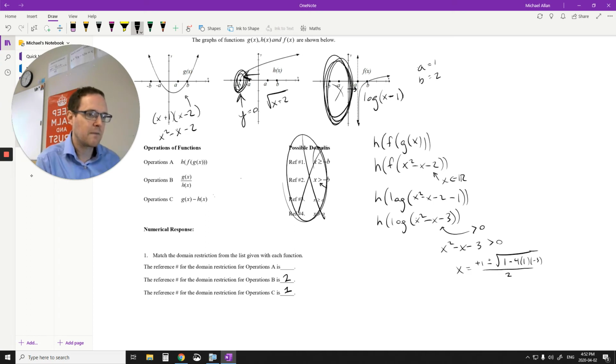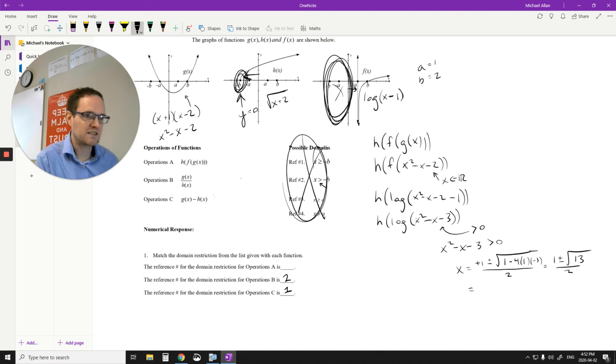So that's 2 times 1. Okay, so I got 1 plus or minus the square root of, just punch in my calculator here, 13 over 2. Okay, so these numbers are not very nice here.